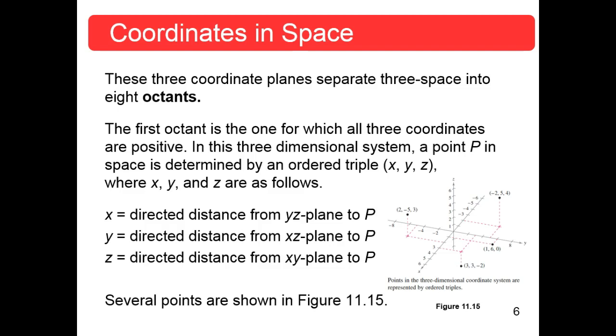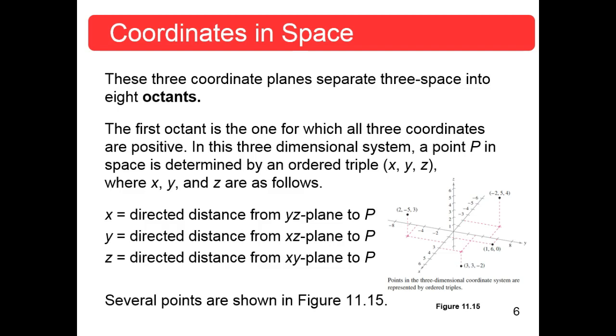Go over here to this point, you're positive in x, 2 units, negative in y, 5 units, and that's 2, negative 5. So that's where you are in the xy plane, then go up 3 from there, and there you would be in that octant, whichever one that is.